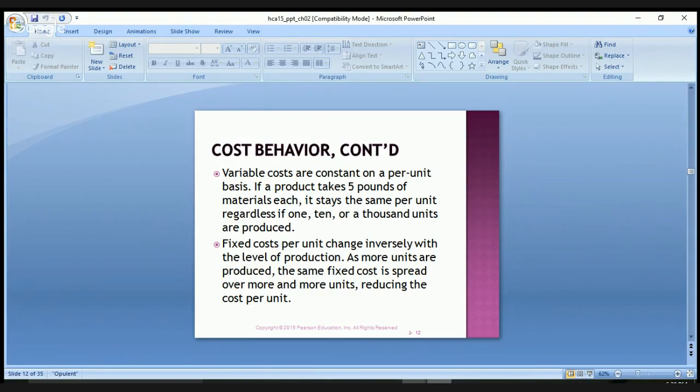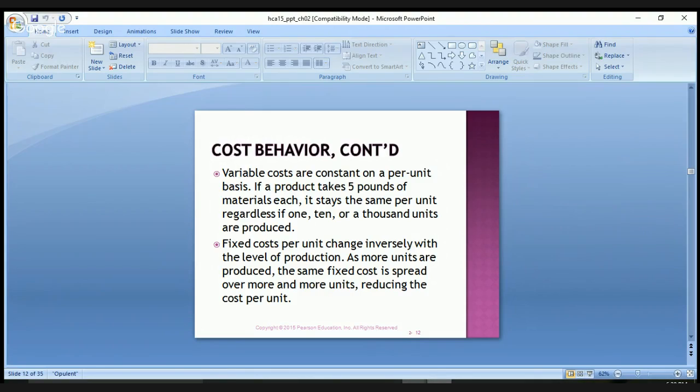Now, that's variable cost. Fixed cost per unit changes inversely with the level of production. So basically what fixed cost means is that the cost per unit goes down the more you produce. Like a salary.